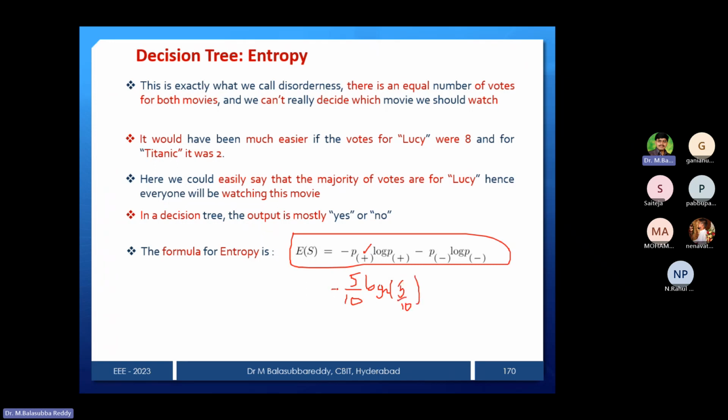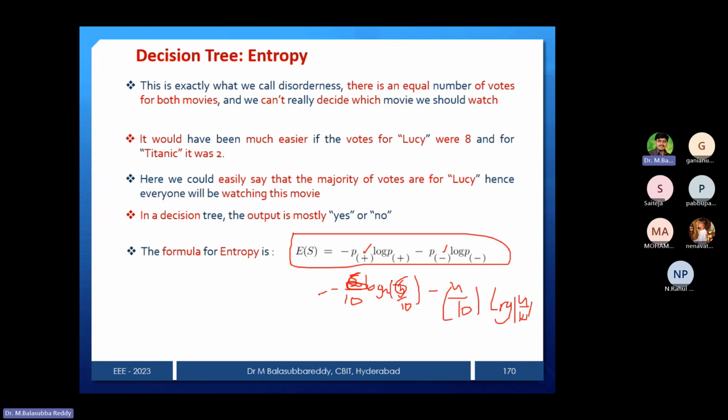And then there is a minus in the formula. Or the positive class may be 6, or 5, anything is the same, just for understanding. And the negative class may be 4 out of 10, so 4 by 10 times log base 2 of 4 by 10.